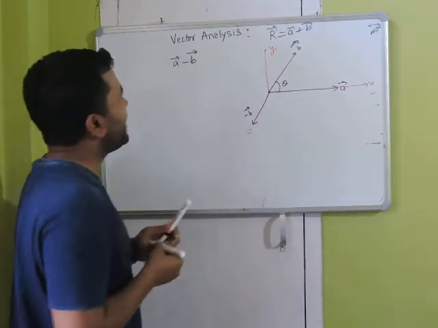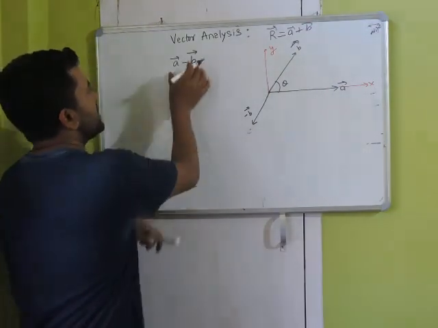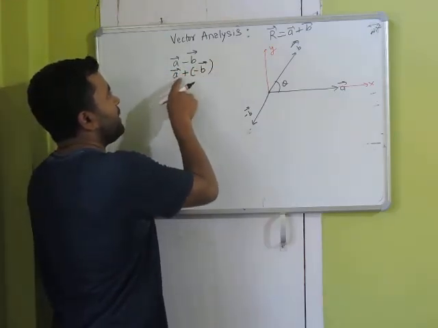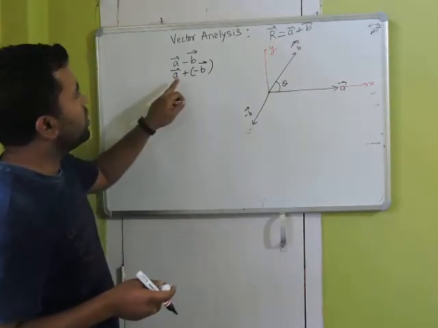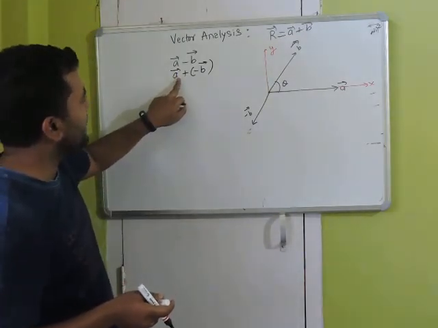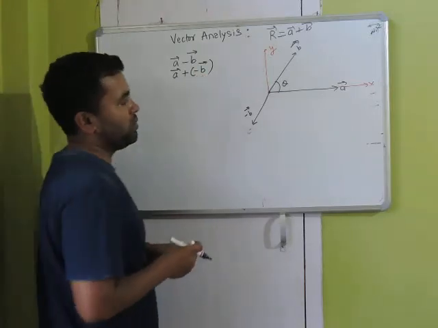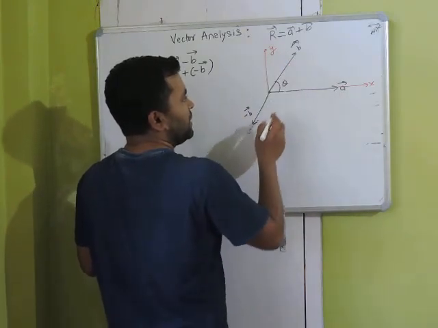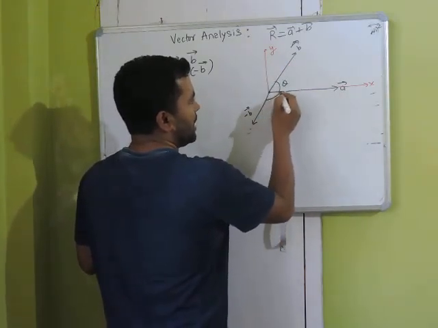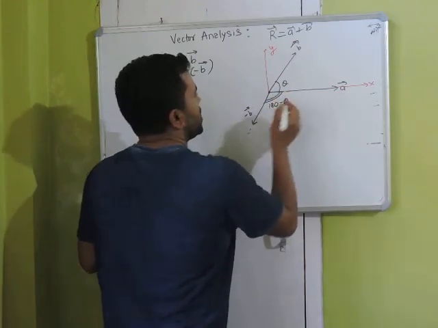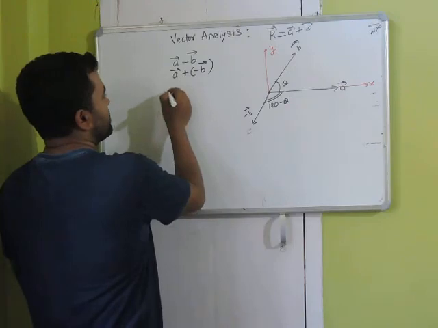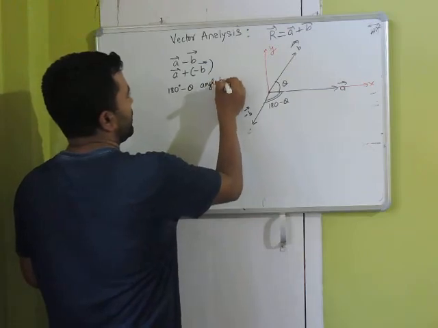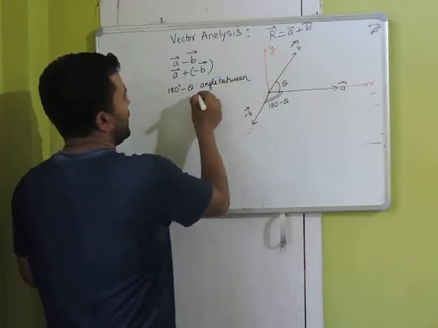What is the angle between a and minus b? You can understand it like this: a plus minus b. If you see, the angle between a and b is theta, so the angle between a and minus b must be 180 minus theta.